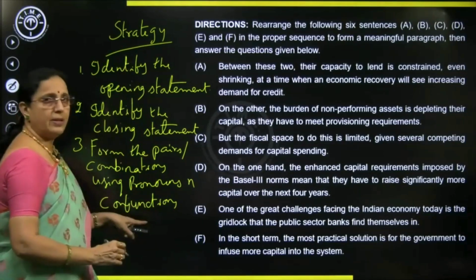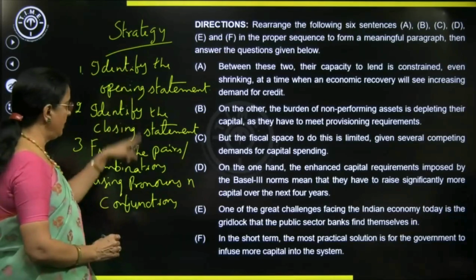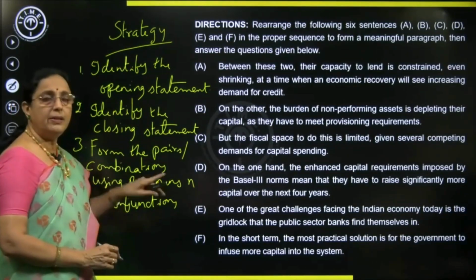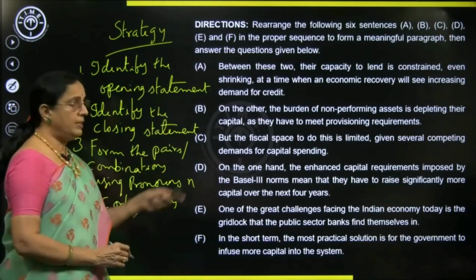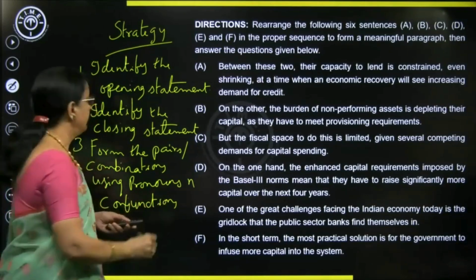So, this is the strategy. First identify the clues and then follow the strategy, you definitely get the answer. Now, form the order and then review the order to check whether there is that perfect flow of thought or not. Am I clear?